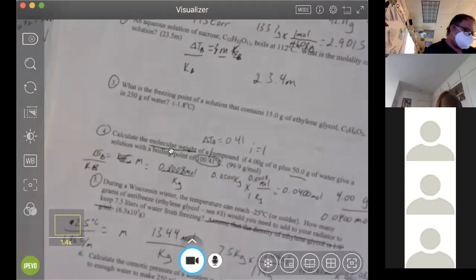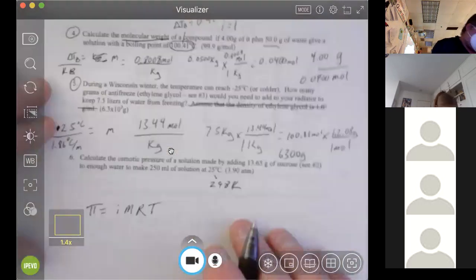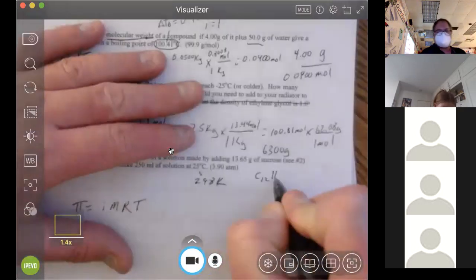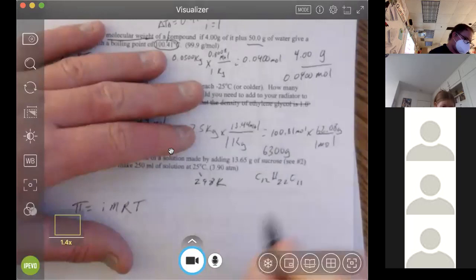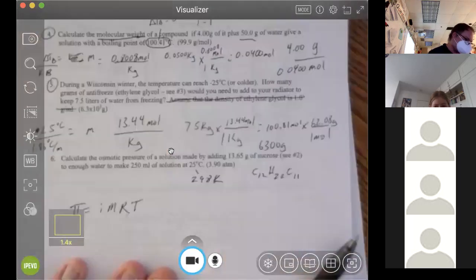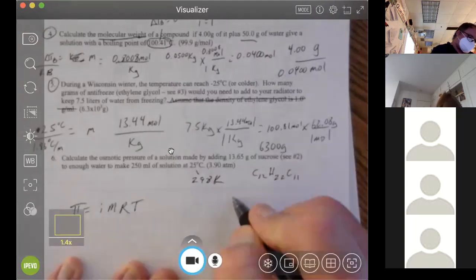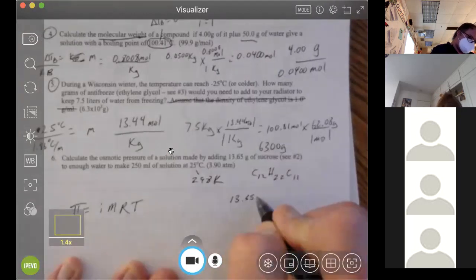So this is sucrose, C12H22O11. What is our i index for that? 1. 1 is correct. 12 times 12.01 plus 22 times 1.01 plus 11 times 16 is 342.34.